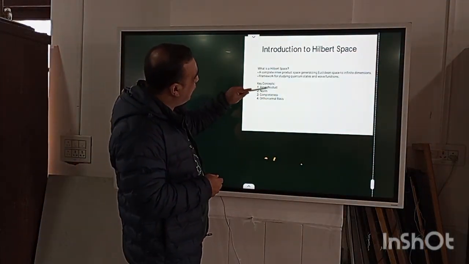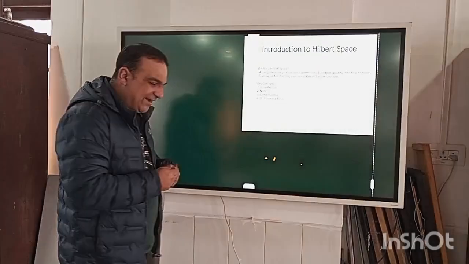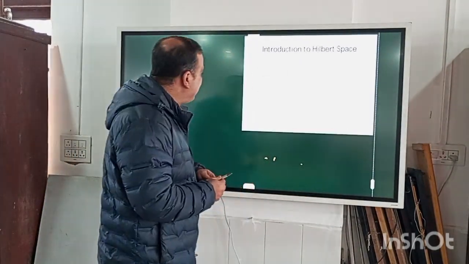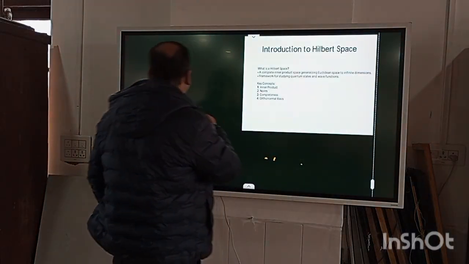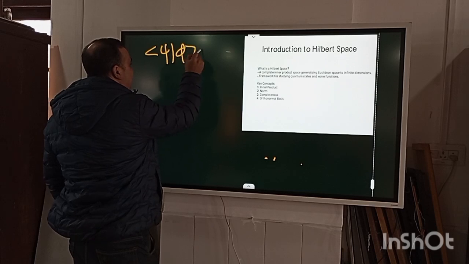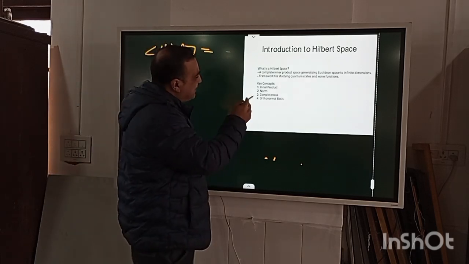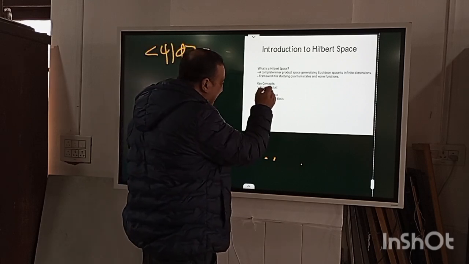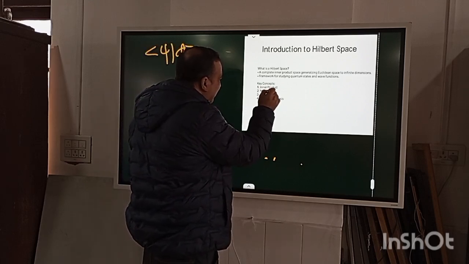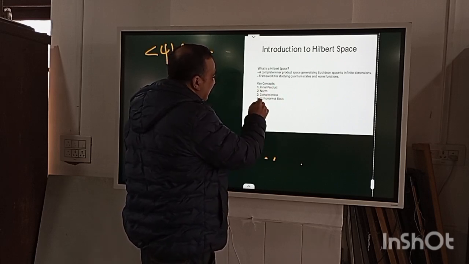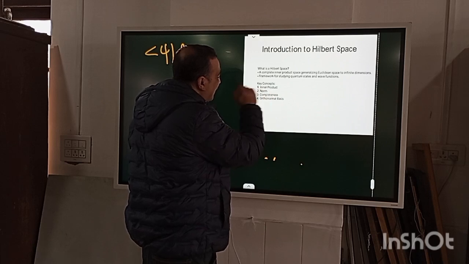And these four are the main concepts very much linked with the Hilbert space. The first thing is the inner product, the inner product that I was talking about, psi, phi. The second thing is the norm, and the third thing is the completeness of these state vectors existing inside the Hilbert space.